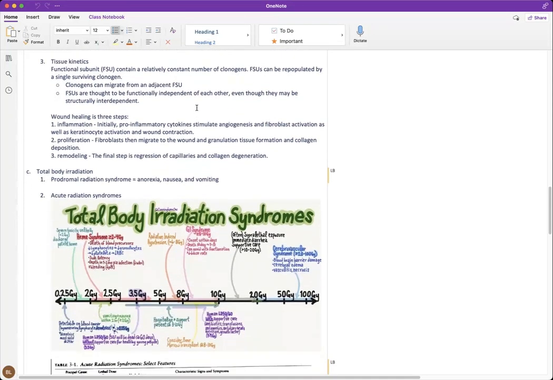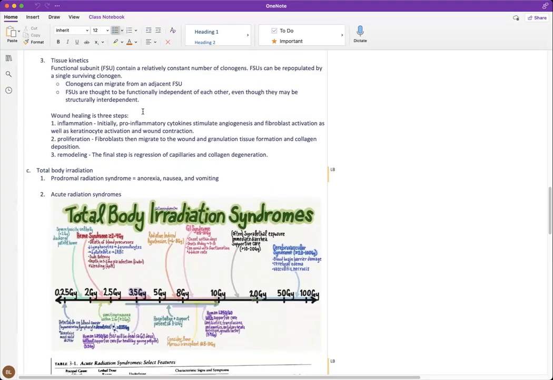Tissue kinetics, so functional subunits, just kind of a definition. I guess that has to do with how a tissue is organized.